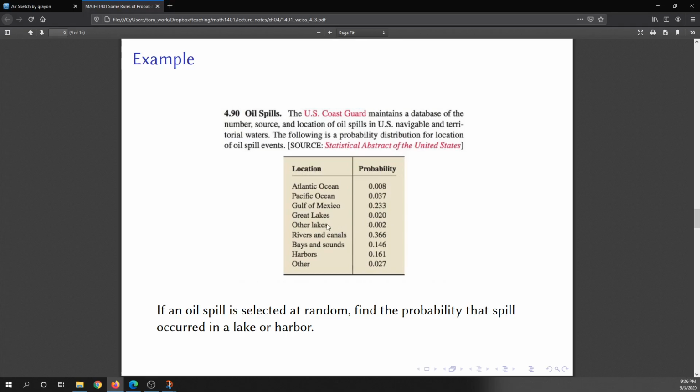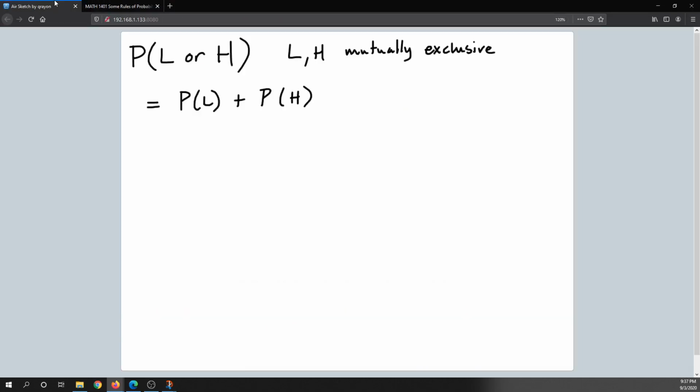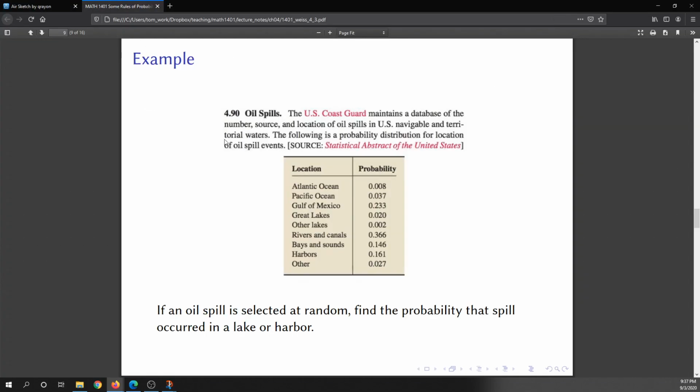So those probabilities. For harbors, though, we only have this probability here. So the probability of H is 0.161. That one's pretty straightforward, right? We can just look, and there's only one of those listed there. So the probability of H is 0.161, and that is just looking from this chart right here.